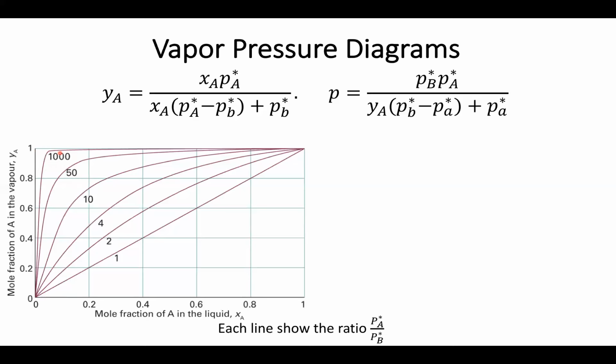And so hopefully this makes a lot of sense of how the relationships in between volatility are going to help control the composition of the vapor.